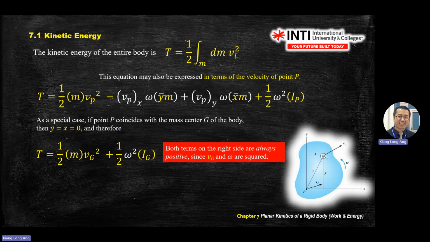You know that velocity is a vector. No matter whether to the left or right, you get a negative value, but you square it, you still get a positive value. This one is also the same. Omega, either it comes out from the screen or goes inside the screen, you also square it, you get a positive value. Kinetic energy in rigid body is always positive.